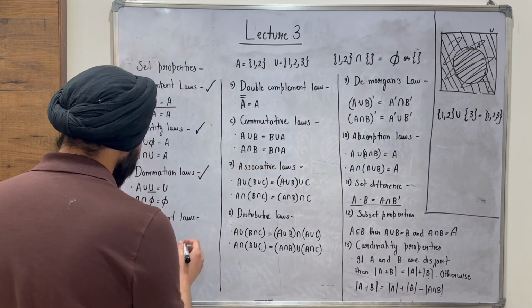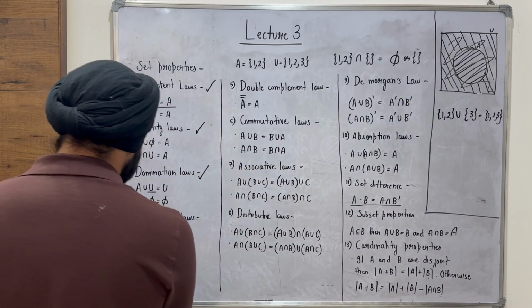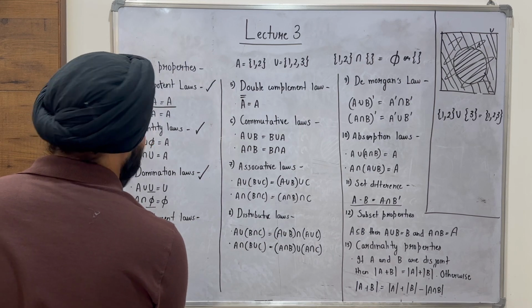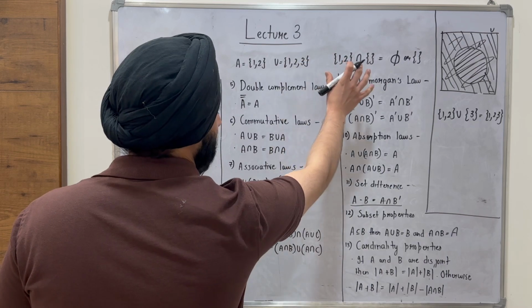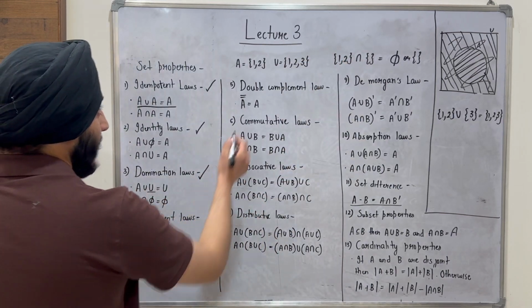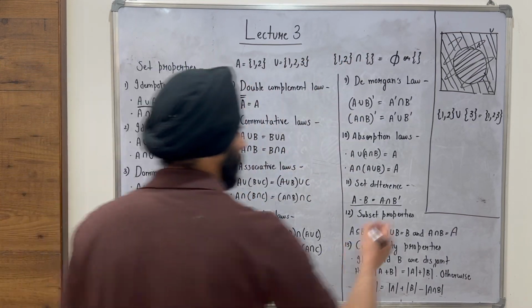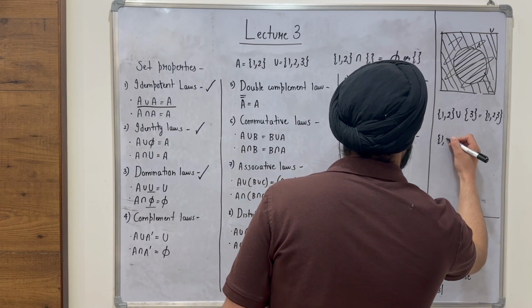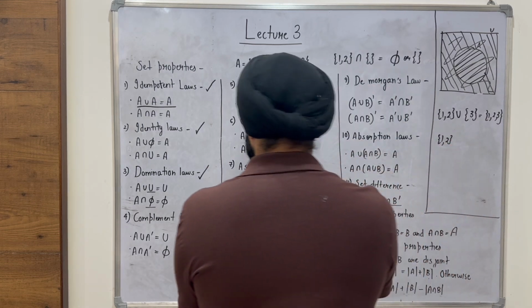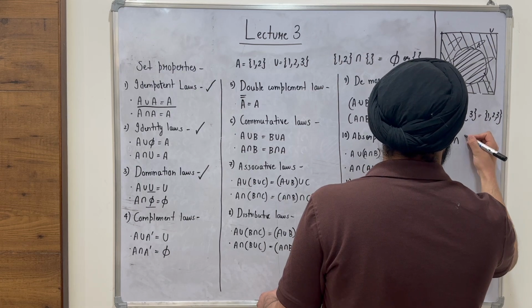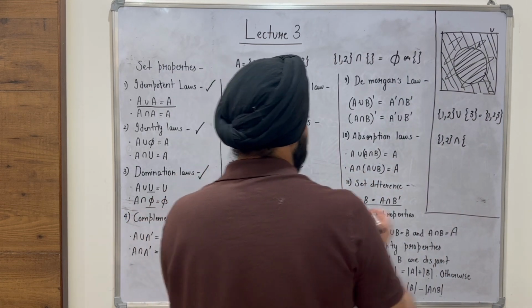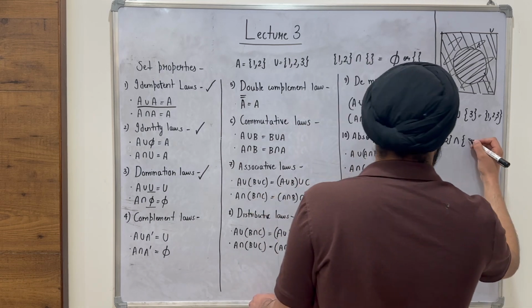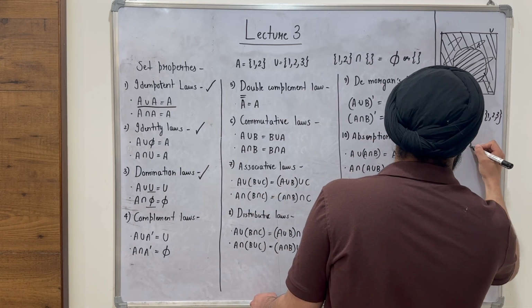Okay. Now let's try to understand what A intersection A complement is. I'll explain it with set examples again. I have A over here, which is 1, 2. Intersection, it says A complement, which is just going to be 3 over here.